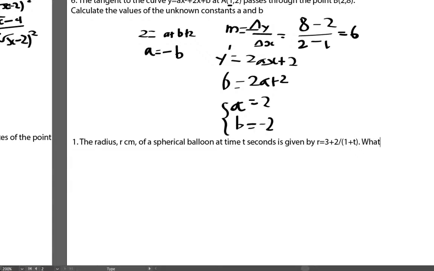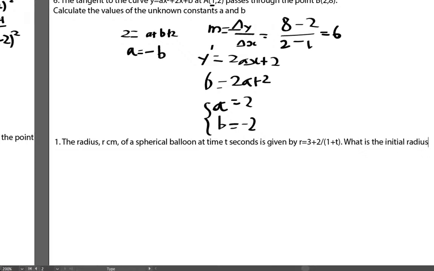What is the initial radius? Find the rate of change of r with respect to t when t equals 3.